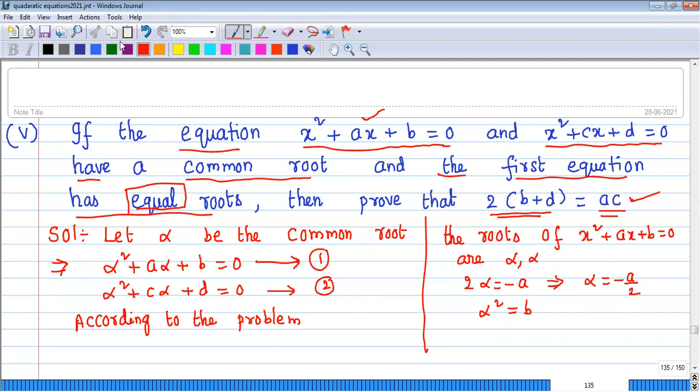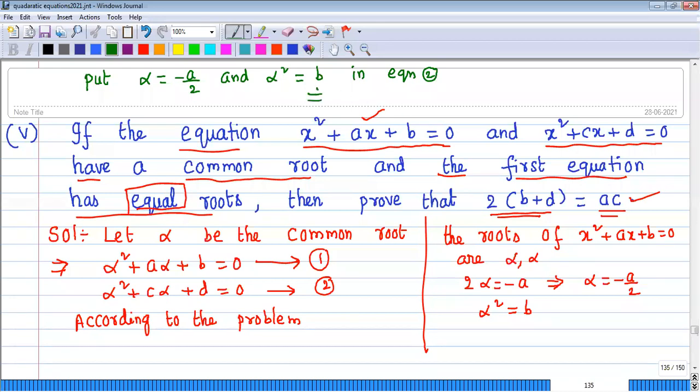So now put alpha is equal to minus a upon 2 and alpha square is equal to b in equation 2.